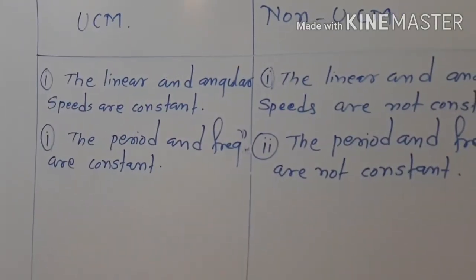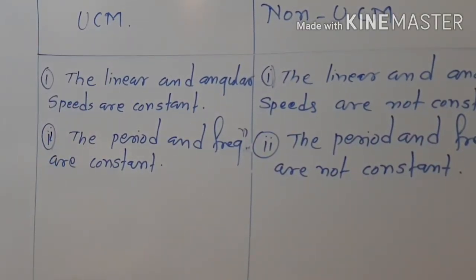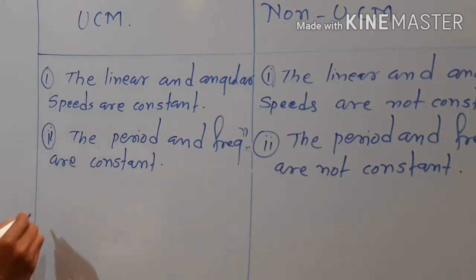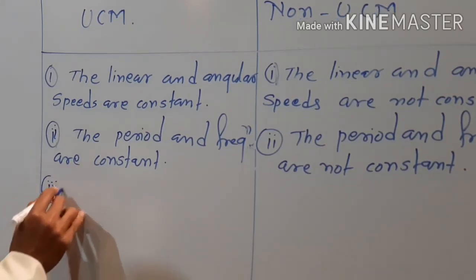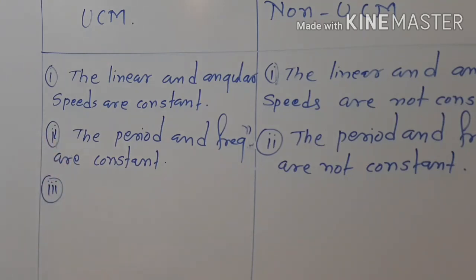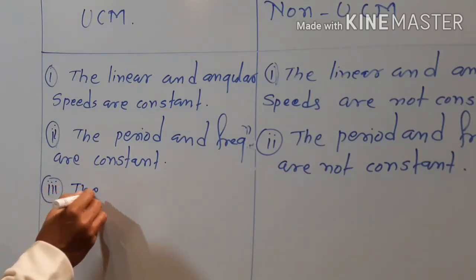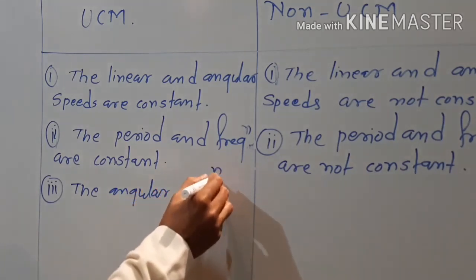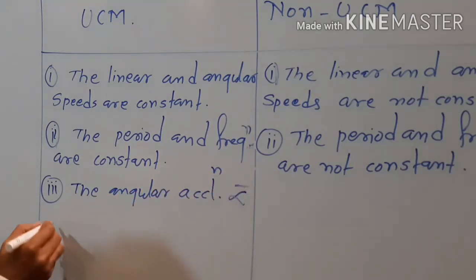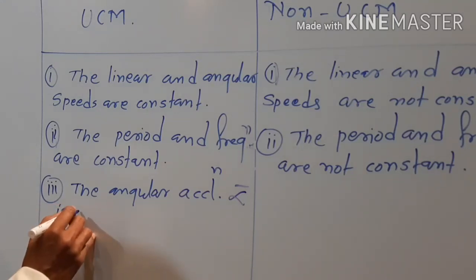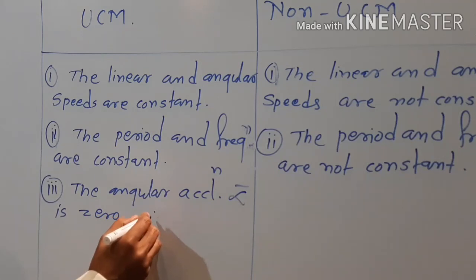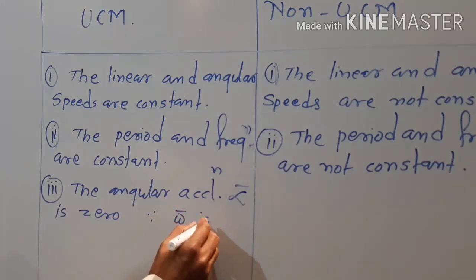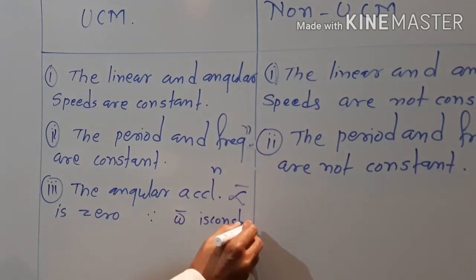This is the second point, and the next point is the third point. In UCM, write down shortly: angular acceleration alpha bar is 0 because omega bar is constant.